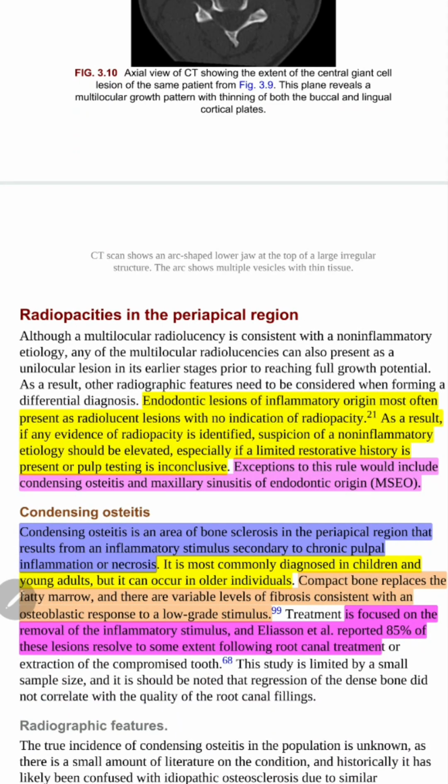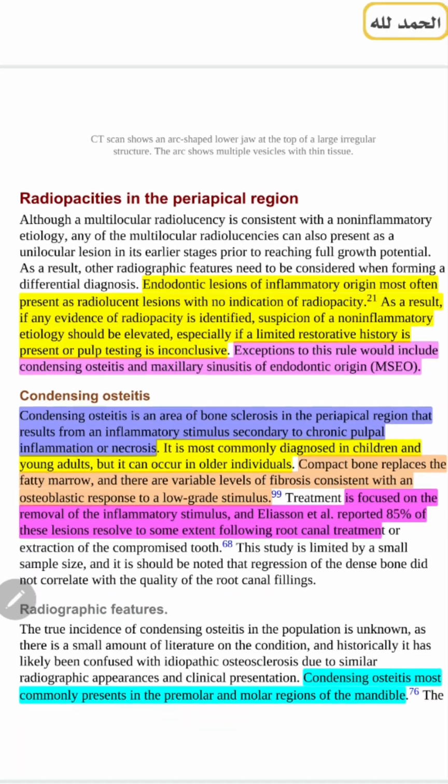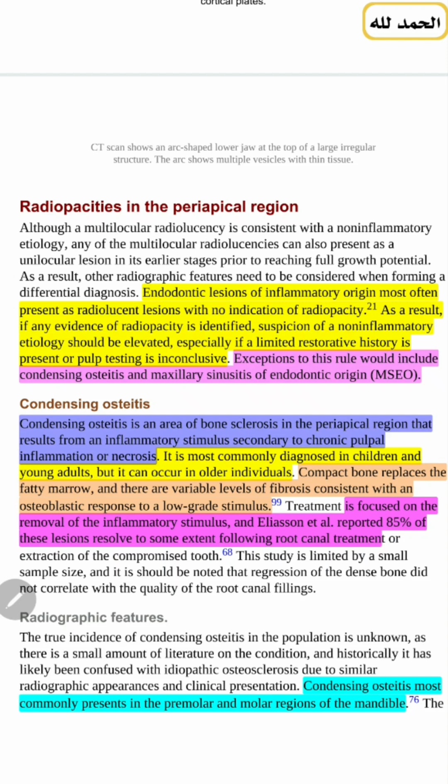The radiopacities in the periapical region. Endodontic lesions of inflammatory origin often present as radiolucent lesions with no indication of radiopacity. As a result, if any evidence of radiopacity is identified, suspicion of a non-inflammatory etiology should be elevated, especially if an unremarkable restorative history is present or pulp testing is inconclusive.